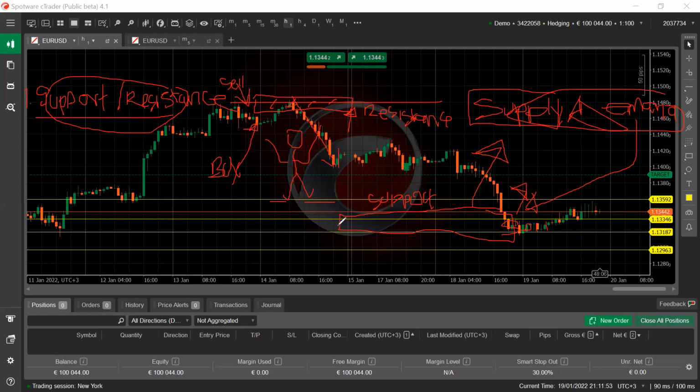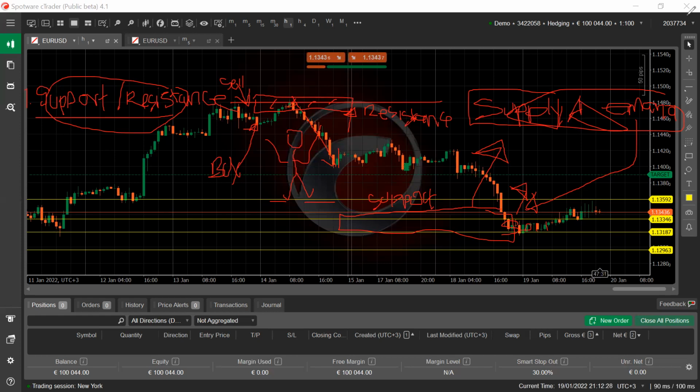So these two things are complementary. Resistance, the upper one, is a supply zone, and the lower one, support, is actually a demand zone. So don't mix them up. Just know that up on the roof, that causes resistance.